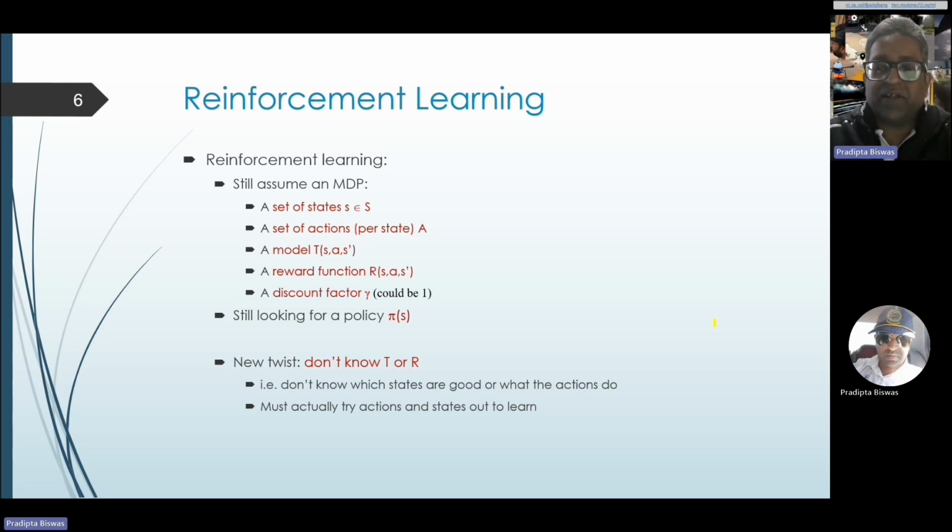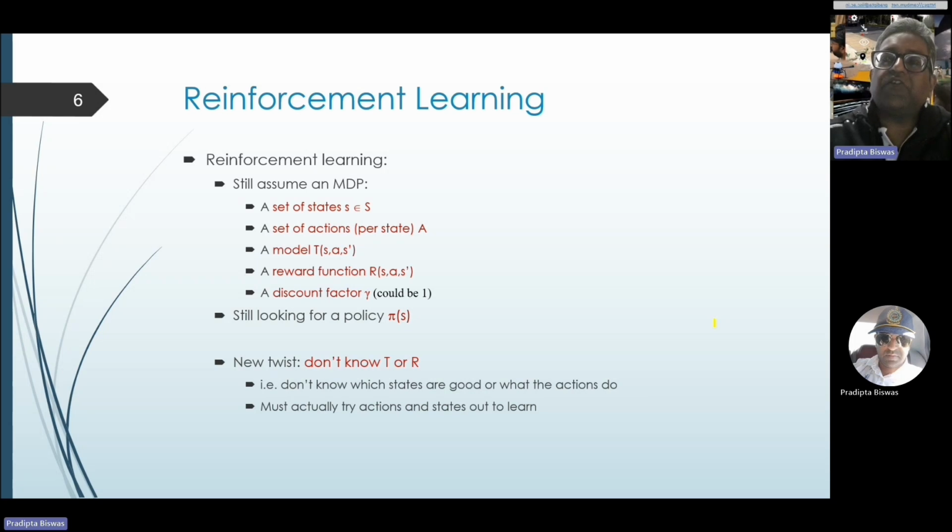Then we will talk about the state transition probability matrix. Just to reiterate, this matrix will tell the probability of reaching state S dash when the agent executes action A at state S. When we learn these BFS, DFS, A-star sort of algorithms, we assume that it will be deterministic, that if the agent decides to go from one state to another, the output of the action will be certain.